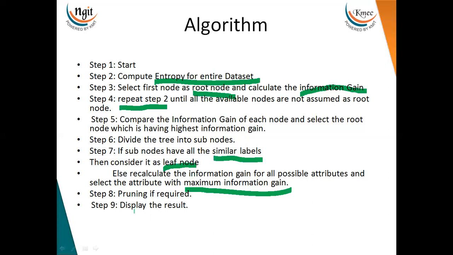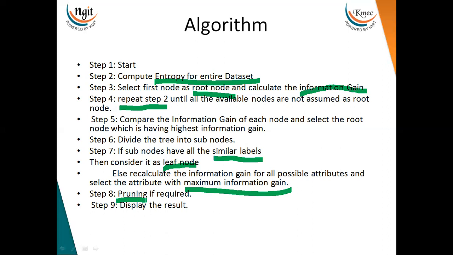Now, sometimes what happens is your decision tree has grown to a greater depth, and there are some paths which I am never following. Then I should eliminate those paths, the paths reaching nodes which I am never visiting. That process is known as pruning, and we are going to see it in an upcoming video.